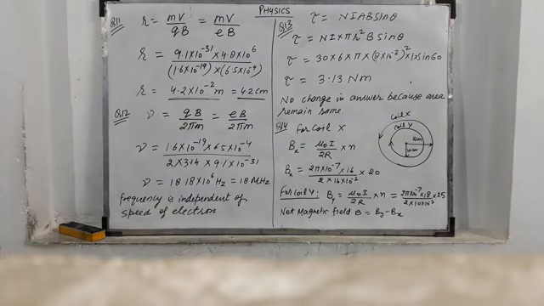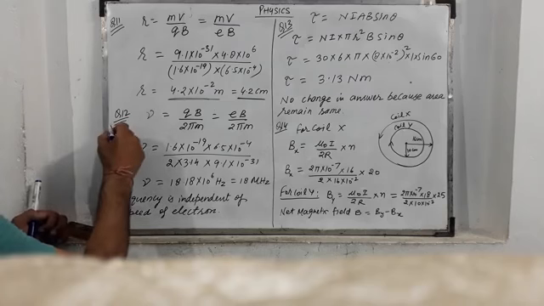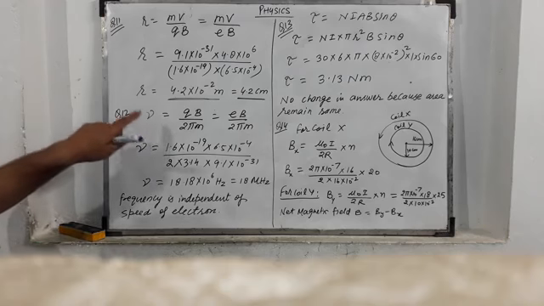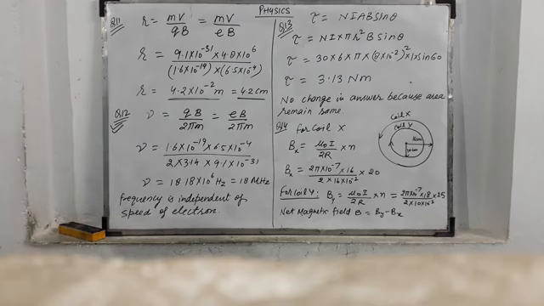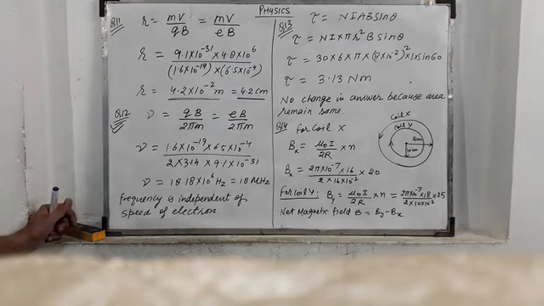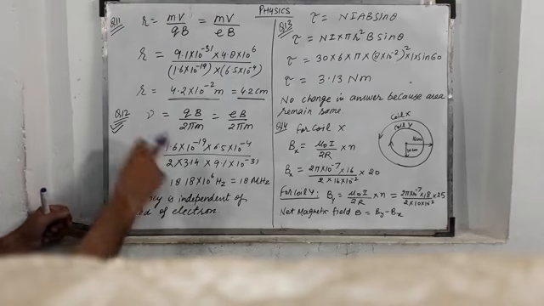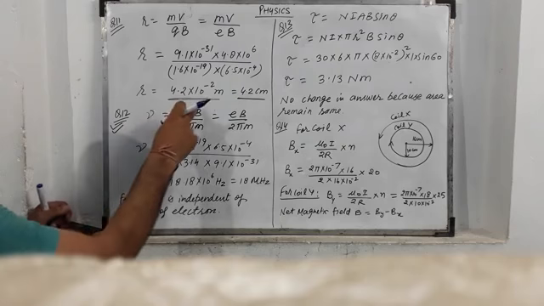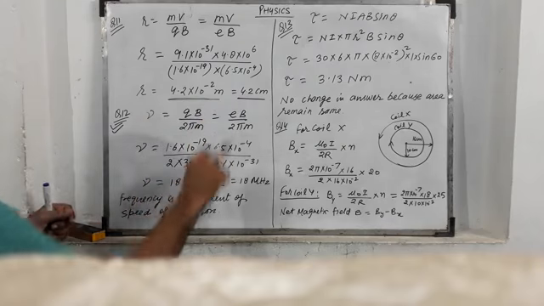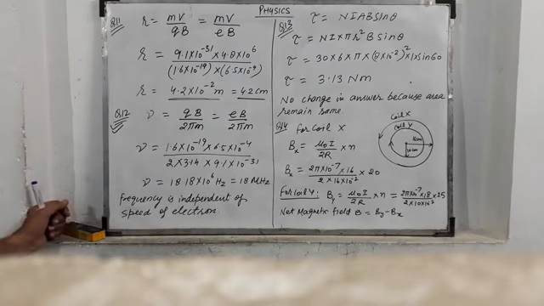Now in question number 12, the question is asking what the frequency is if the parameters are the same as given in question number 11. Means all the values remain the same. So we have the formula frequency nu is equal to qB upon 2 pi m. q is equal to e because an electron is shot.